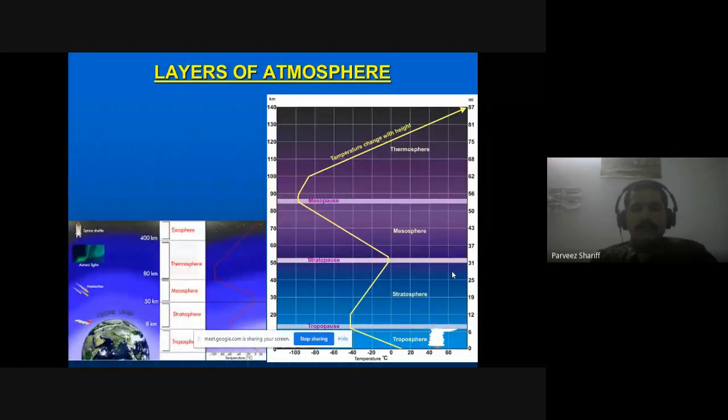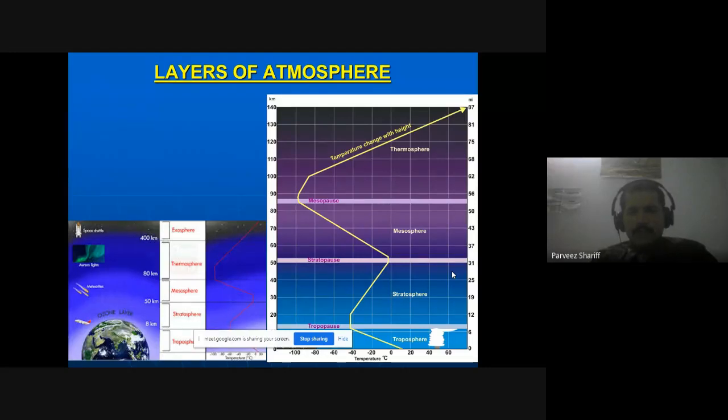Now, if you look at this graph, it's very interesting. This graph is temperature versus altitude. Here the y-axis is the altitude in kilometers, and the x-axis is the variation in temperature, both positive as well as negative.